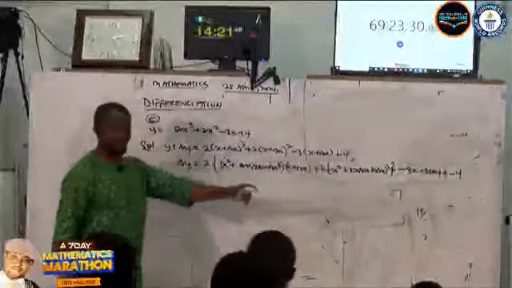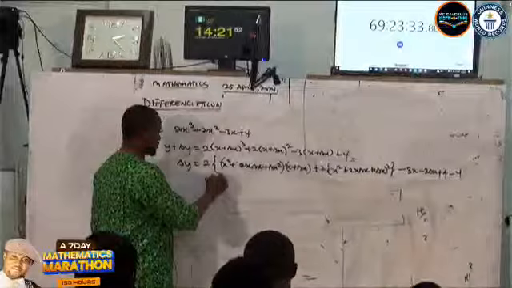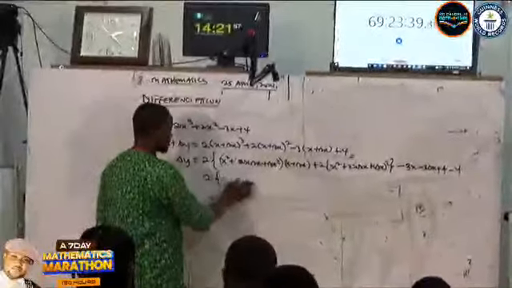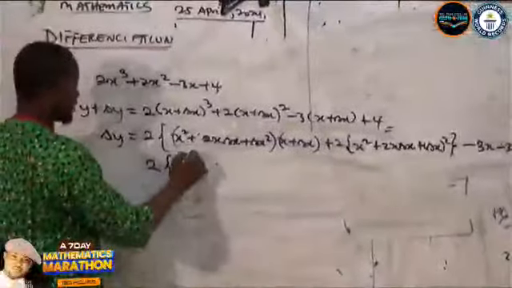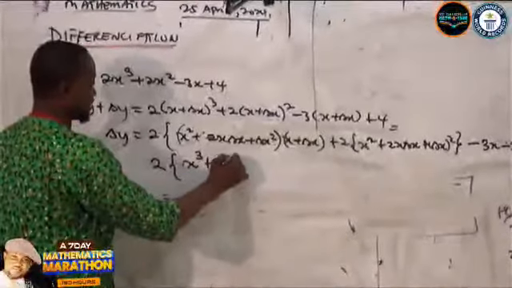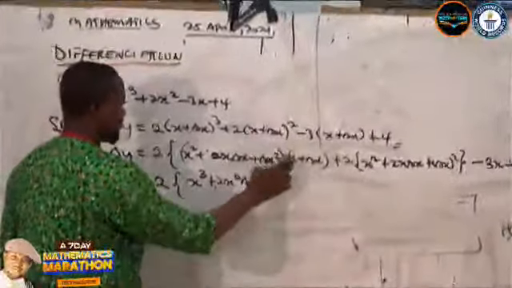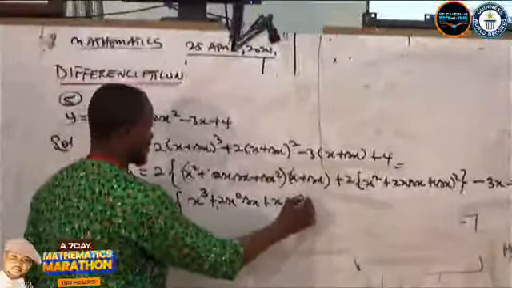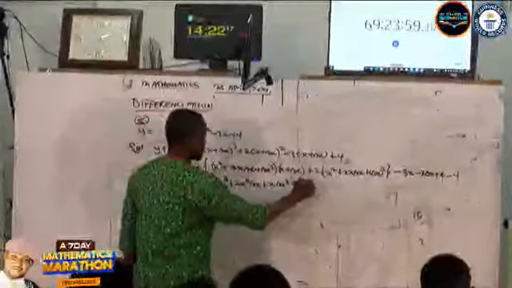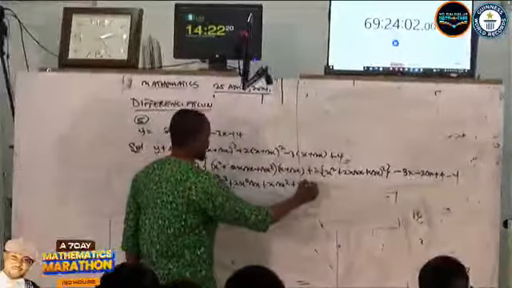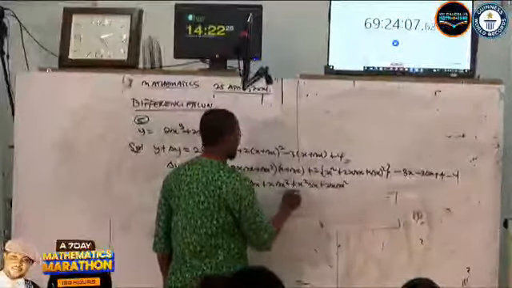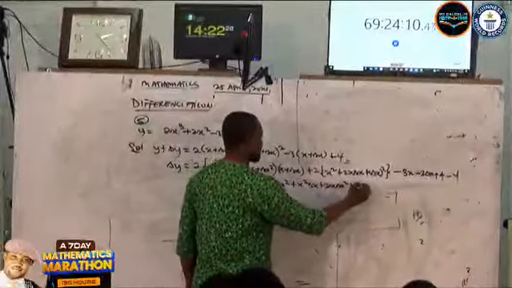Are you following? So therefore 2 into x cubed plus, let me use this and expand. This and this: 2x squared change in x plus x change in x squared, plus x squared, the x plus 2x change in x squared, plus change in x cubed.